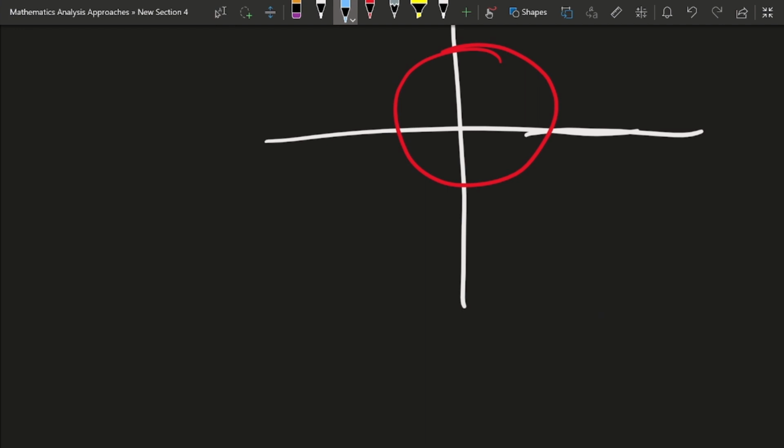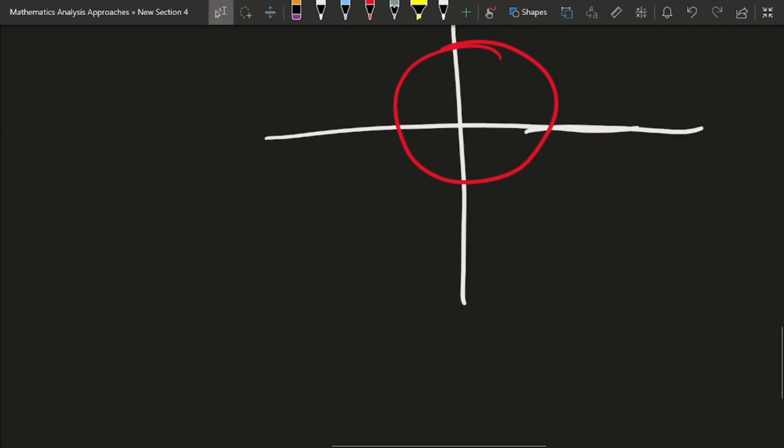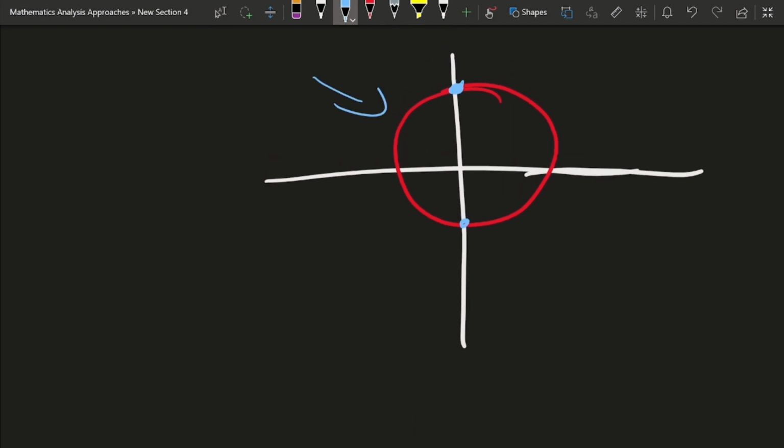And the reason is that a function can never cross the y-axis 2 times. Hence, there can be only one y-intercept. But here, as you can see, it cuts the y-axis 2 times, which is not something that a function would do. So this is not a function.